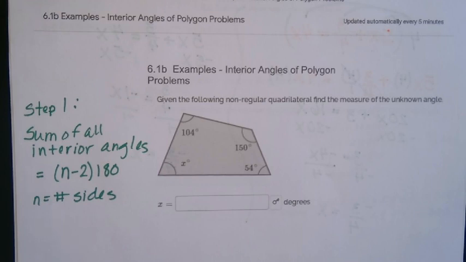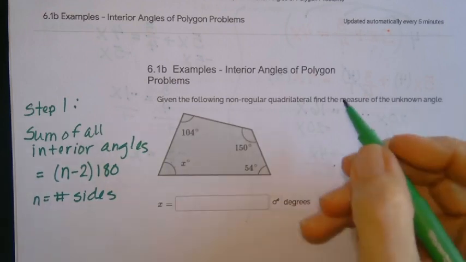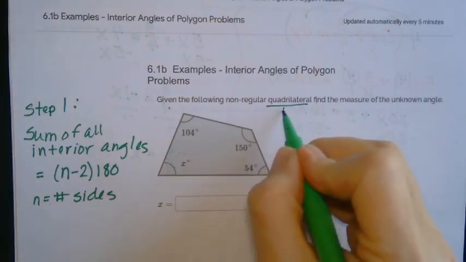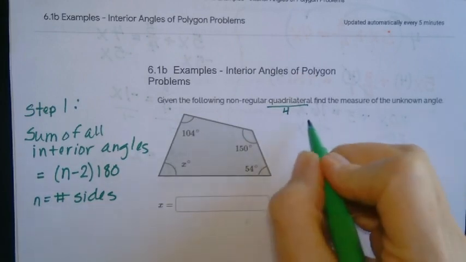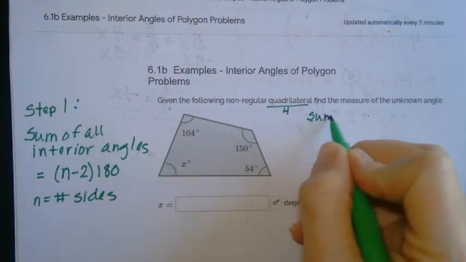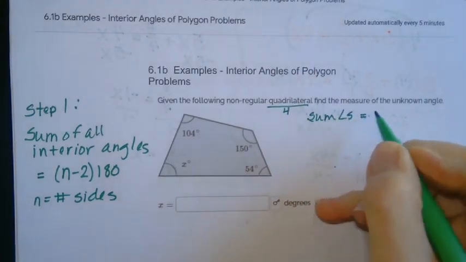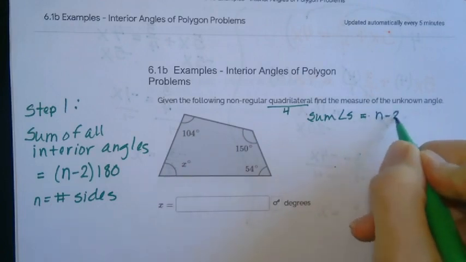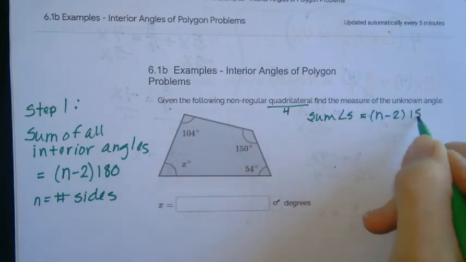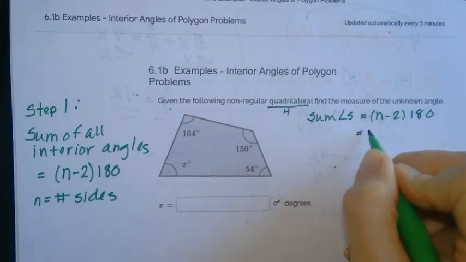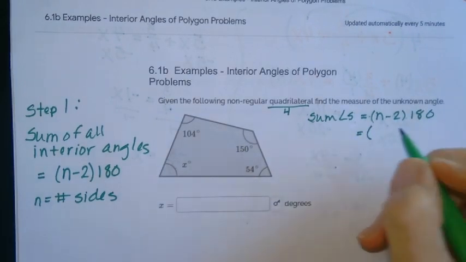So, for this one, I'm going to pretend I don't know. A quadrilateral, I know, has 4 sides. So the sum of the angles is equal to n minus 2 times 180. Well, the n is a 4.